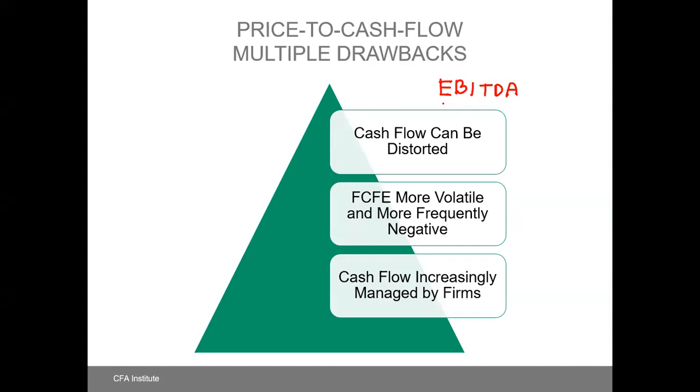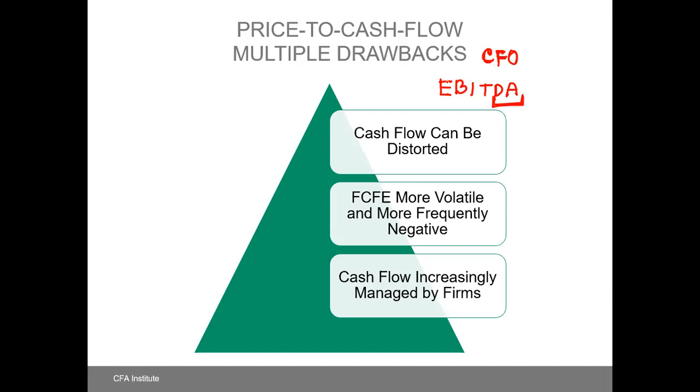So you know it very well, it is not likely to be a good proxy of cash flow because of a number of reasons. And other than this, this is the non-cash charges. So people tend to believe that if we take the cash flow from operations, that is likely to be a good proxy of cash flow.